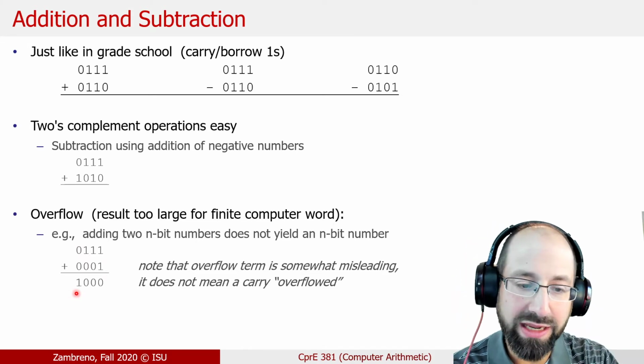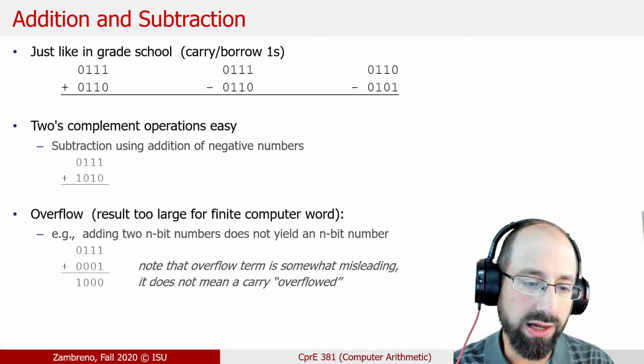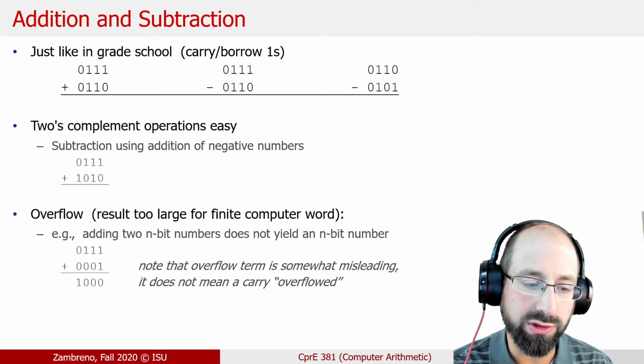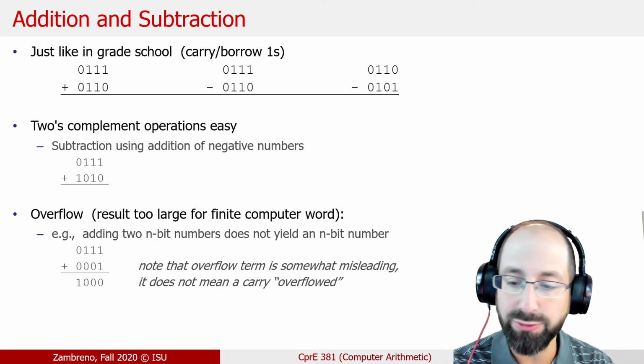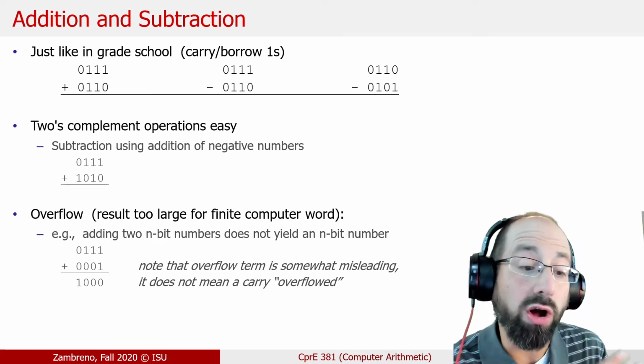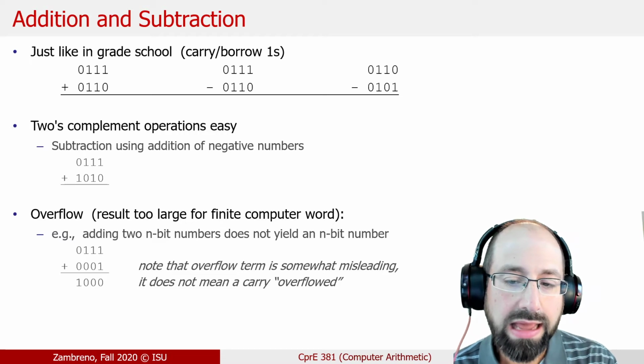That's different from there being a final carry out. It's a result that, if we had an additional bit, would have been sufficient to store it correctly, but we don't. We're keeping everything to 32 bits, or 4 bits in this example here, and the result's wrong. And that's why overflow is something that we have to watch out for.